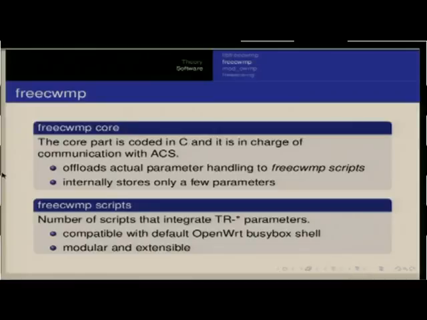Freecwmp scripts must be compatible with the default OpenWRT BusyBox shell, and the ones that are in the Git repository are modular, and you can extend them pretty easily to do whatever you want. Okay.